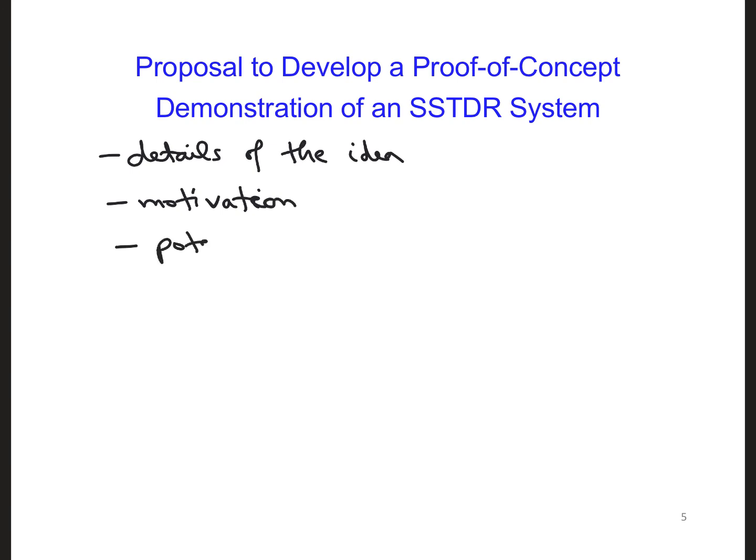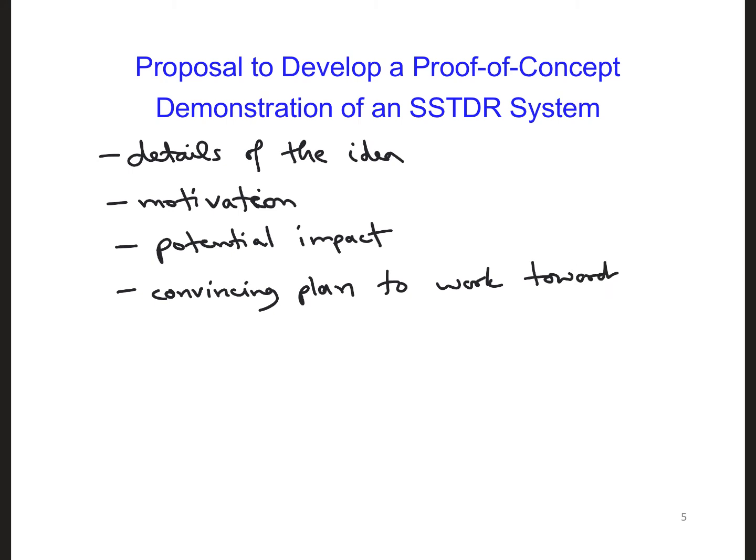We'd have to talk about the potential impact that our solution could have. And we'd also have to have a convincing plan on how we would progress from the simple analytical analysis we've done so far to the proof of concept demonstration. So I'll say here to work towards that proof of concept demonstration.